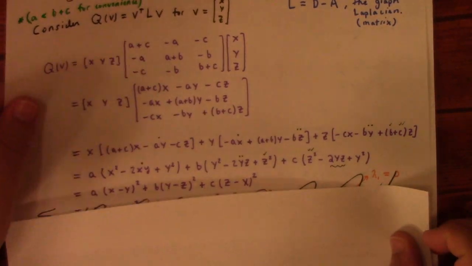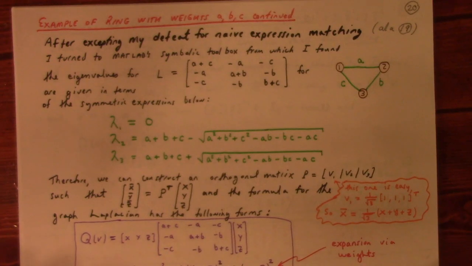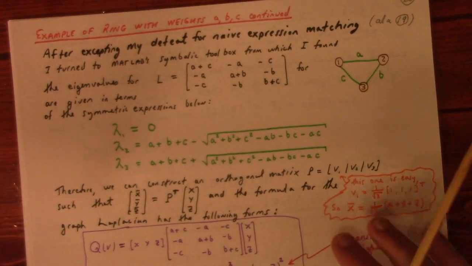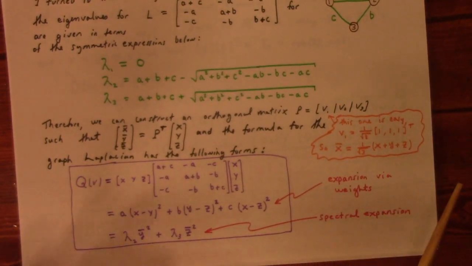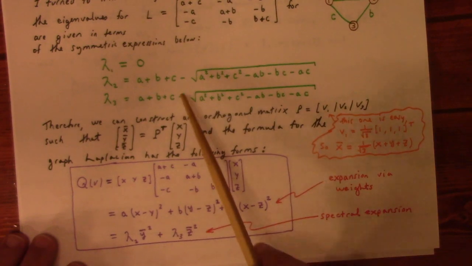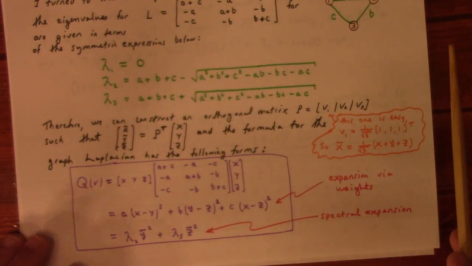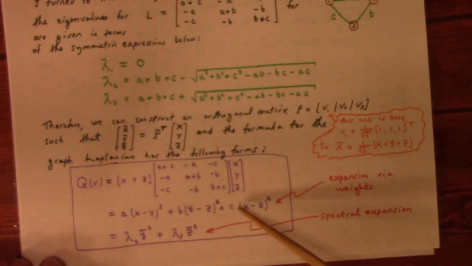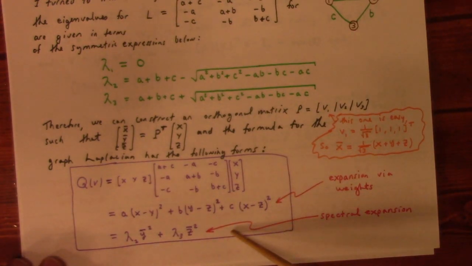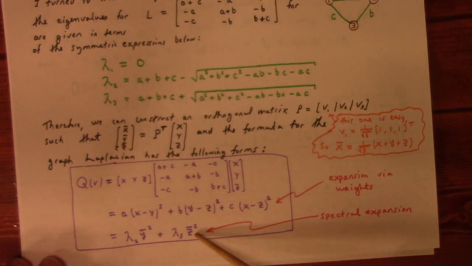But then on the other hand, the spectral expansion, you've got lambda 1 is 0, lambda 2 times y bar squared, lambda 3 times z bar squared, where lambda 2 and lambda 3 are these rather formidable expressions. And how can we have both of these, and how are they related? Like, what's the coordinate change to get from here to here?